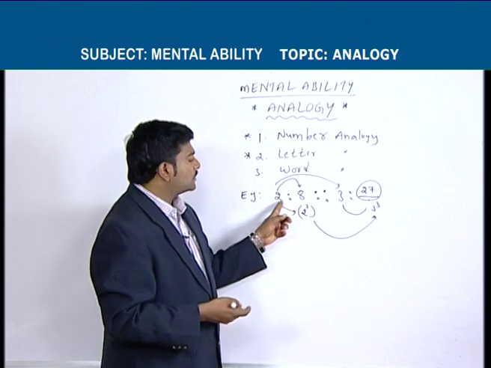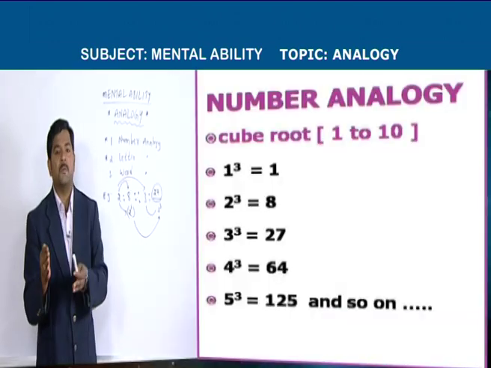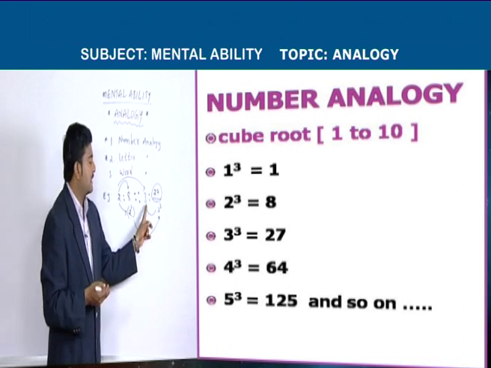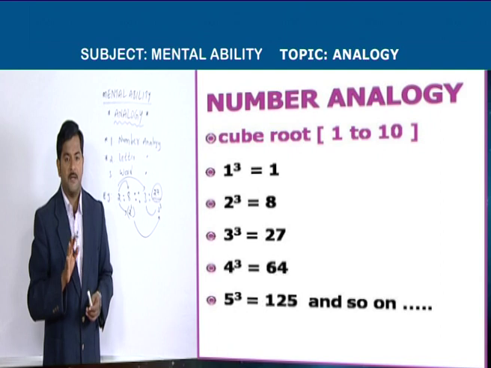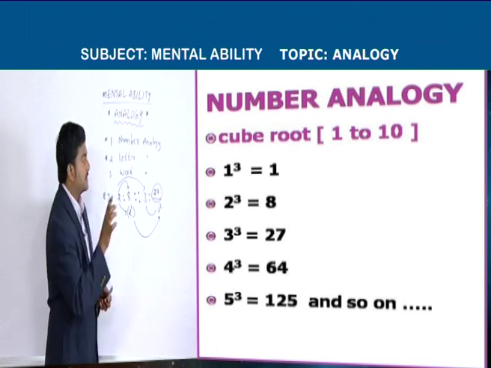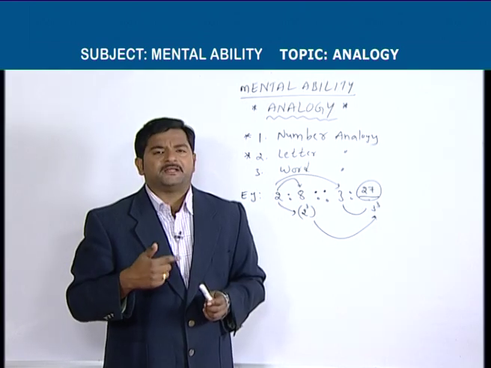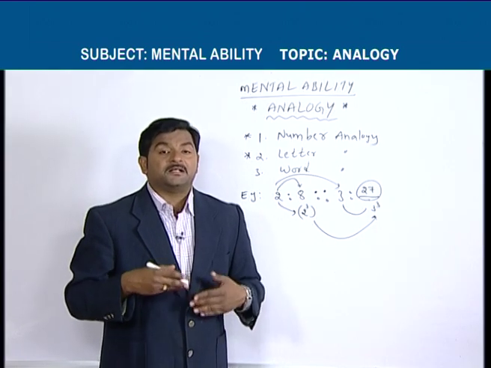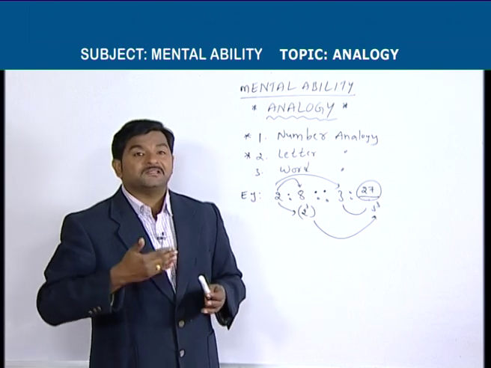What does it mean? So 2 is there. Here the concept involved in this is number to number cube. Similarly here number is there, number cube means 3 cube means 27. You will get 90% of the questions from this analogy topic can be solved directly by using this concept. But in rare cases, sometimes we may not get by using this concept. So at that time what you have to do? You have to think in this way also.